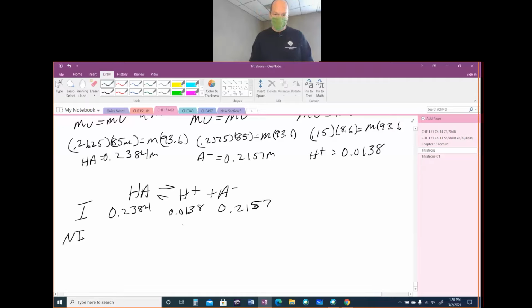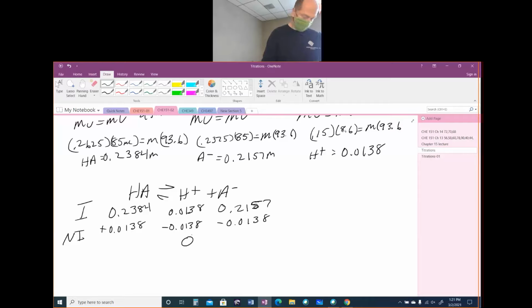So minus 0.0138, minus 0.0138, plus 0.0138. And so our new initial will have a 0 for our H plus. So we take our 0.2157 and subtract our 0.0138, and we get a 0.2019.